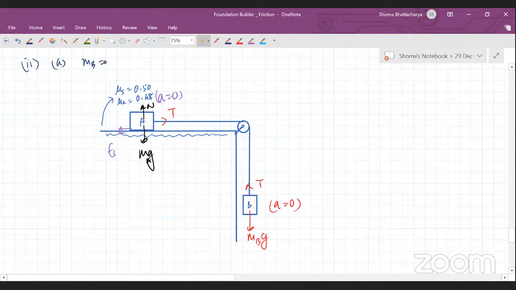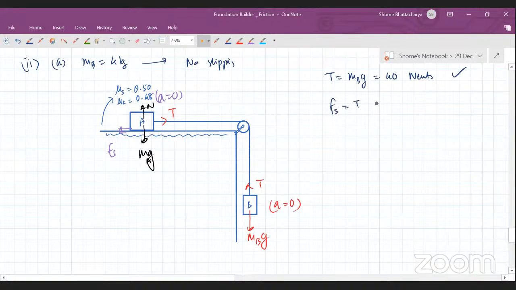So when we take the mass of B as 4 kg, you can see that there will be no slipping. So the tension will be equal to the weight of B, which will be 40 newtons. And the static friction acting on A will balance the tension. So that will be 40 newtons. And the acceleration of the system will be 0. So these are my answers.